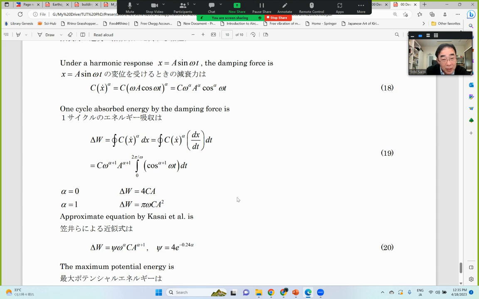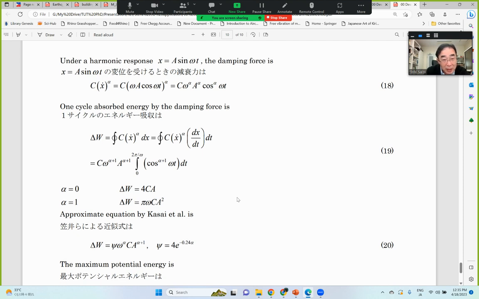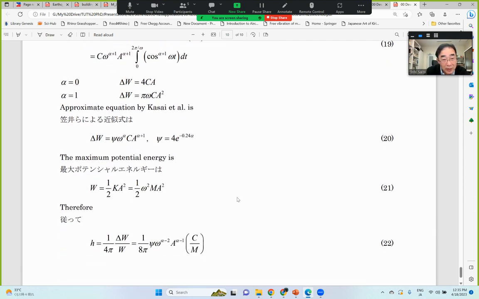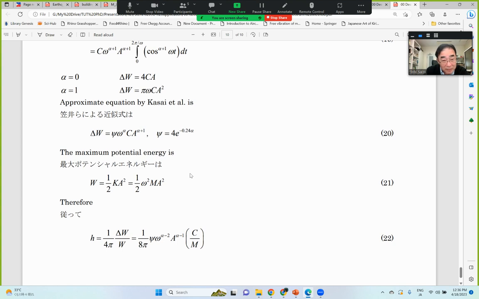So Professor Kasai proposed the simple formula, equation 20. And potential energy is equation 21. So finally, the damping coefficient, equation 22, is calculated from this formula.